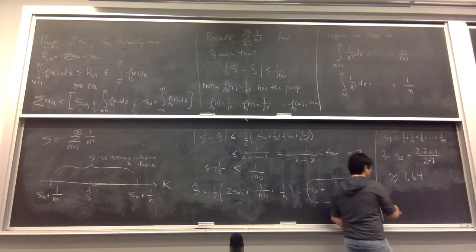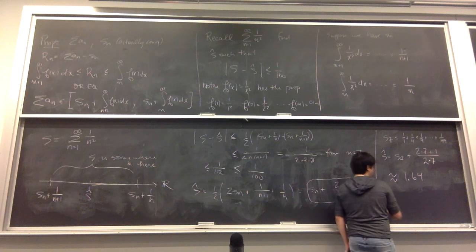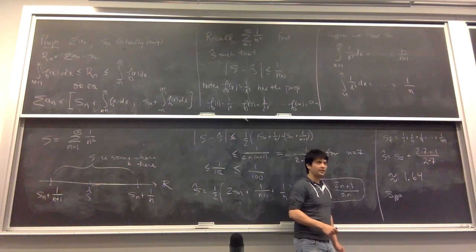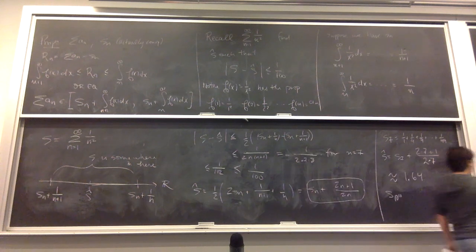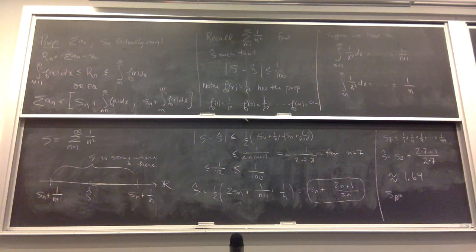But anyways, I also computed the partial sum up to 10 to the power of 10. Can anyone say that number? 1, 2, 3, 4, 5, 6, 7, 8, 9, 10. Thousand, million, a billion? Is 10 to the power of 10 a billion? Okay, so I computed the partial sum for the first 1 billion terms.